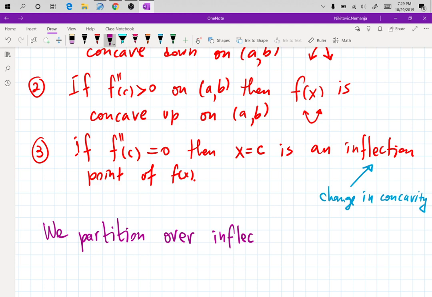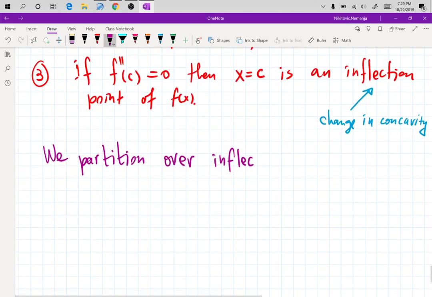When you set the second derivative equal to 0, you get inflection points. And those are stronger, actually. So if you have the first derivative at 0 equal to 0, and the second derivative at 0 equal to 0, the second derivative wins. We'll see that. So we partition over inflection points and vertical asymptotes.